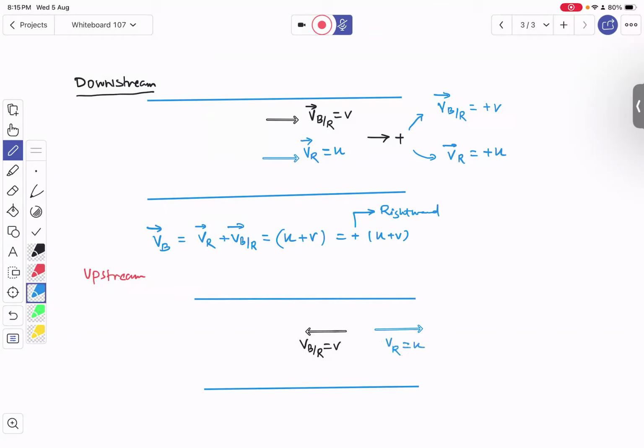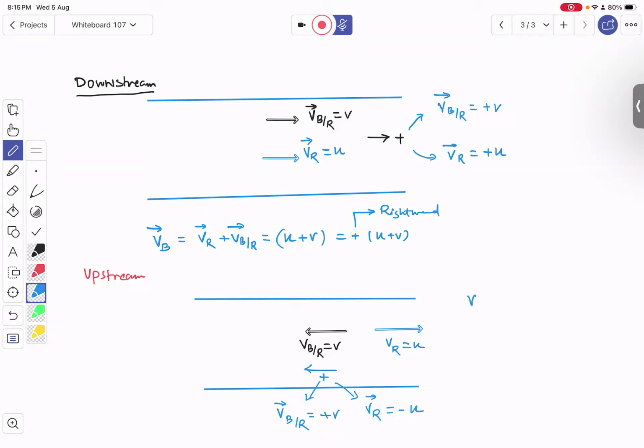This side is maybe more interesting for us, so I'm going to take the upstream, or leftward, direction as positive. With this sign convention, VBR is plus V, and VR is equal to minus U.